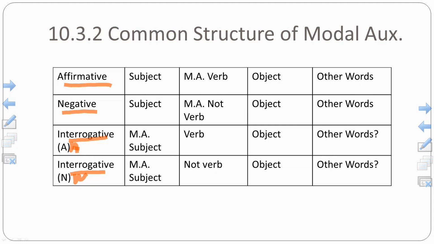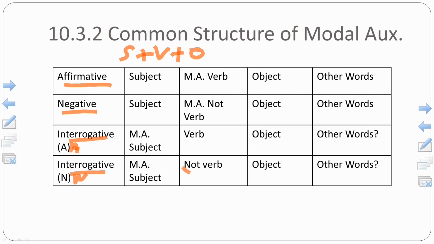Now, negative: subject, modal auxiliary, verb and object. In other words, in any sentence we have SVO, subject, verb plus object, and then the other verbs. For example, here we just need to put not.